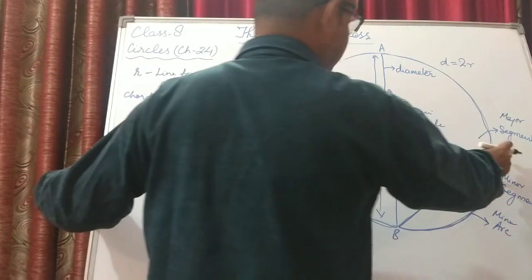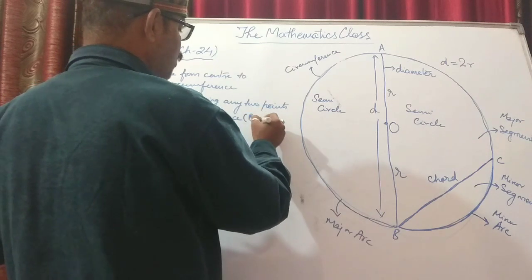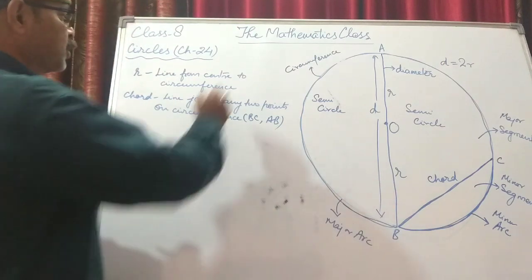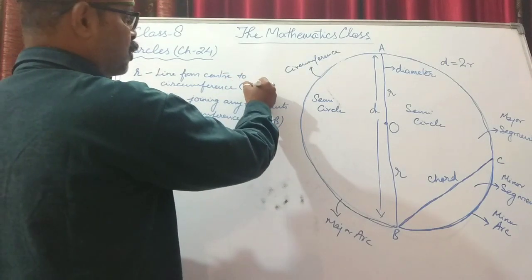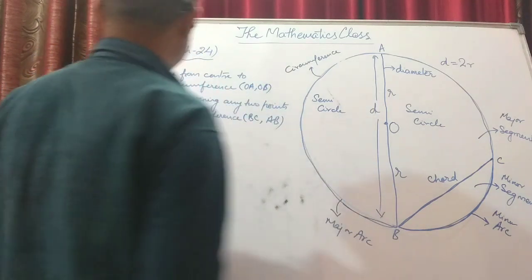Suppose in this figure BC is also a chord and AB is also a chord. And what about the radius? You can say OA is the radius and OB is the radius over here.